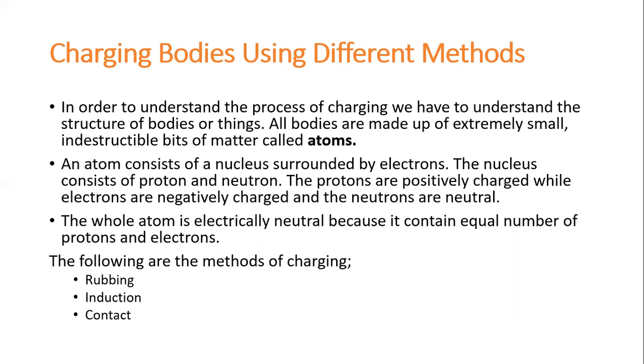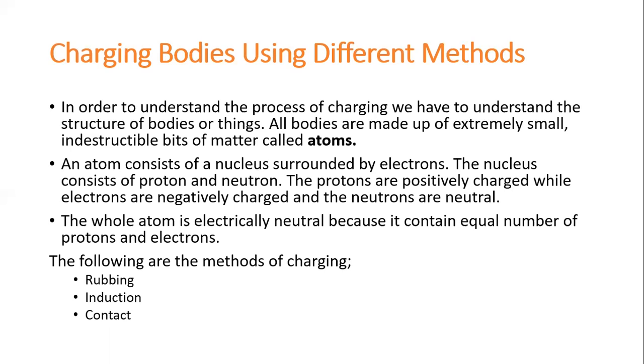An atom consists of a nucleus surrounded by electrons, and the nucleus consists of protons and neutrons. The protons are positively charged, while the electrons are negatively charged, and the neutrons are neutral in nature. Now, the whole atom is electrically neutral because it contains an equal number of protons and electrons.